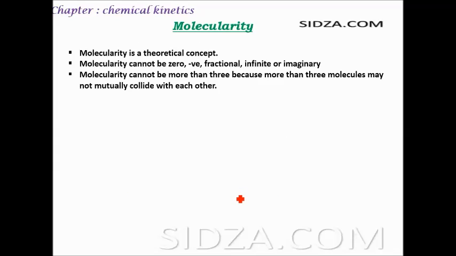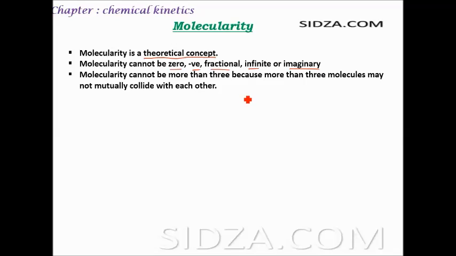Okay, some of the important points about molecularity. See this, as I said, molecularity is a theoretical concept, right? Molecularity represents the number of molecules that must collide to form product, and that's why it cannot be 0, negative, fractional, infinite, or imaginary, right? It has to be positive.